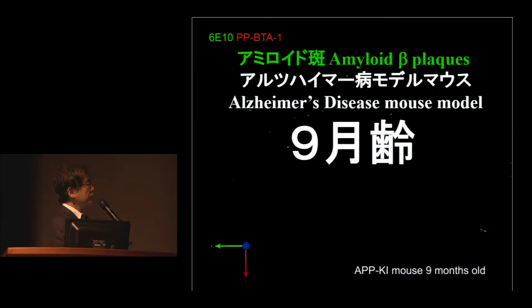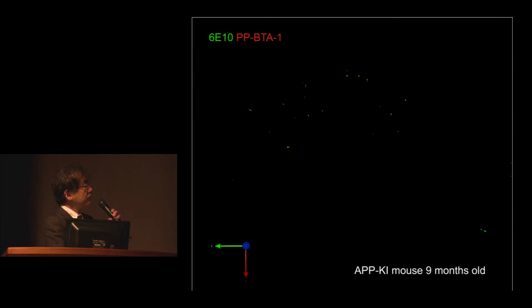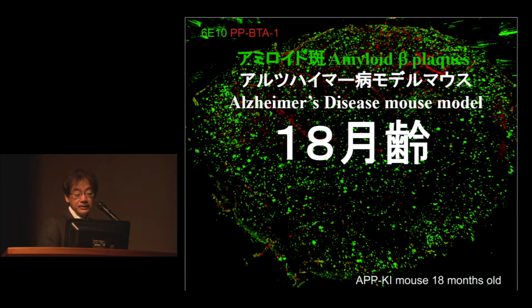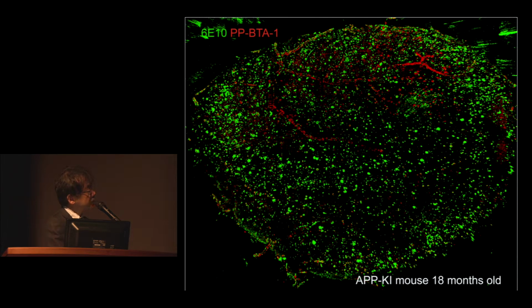Okay. So we are using an Alzheimer's disease mouse model and very aged mice. And we immunostained A-beta plaques in the whole brain, and at 9 months old, almost nothing. Okay. But at 18 months old, we saw so many A-beta plaques scattered throughout the entire cortex.